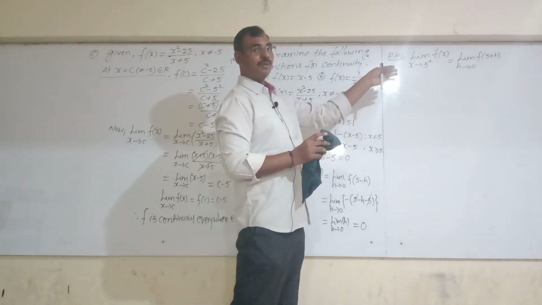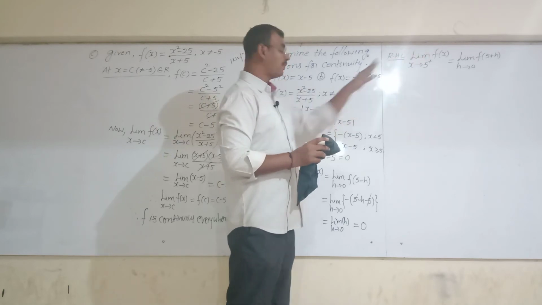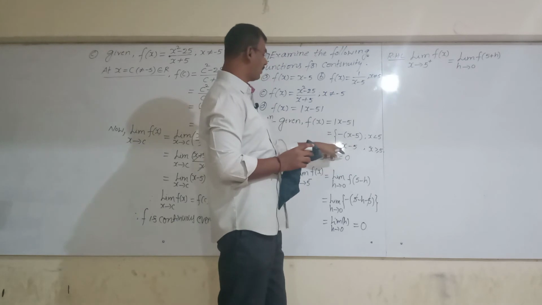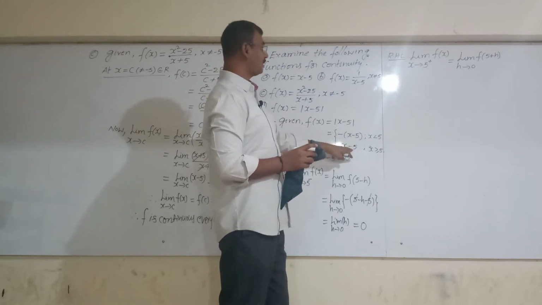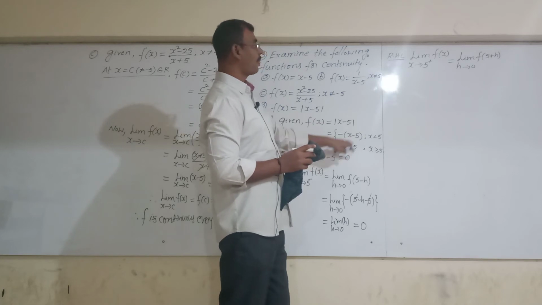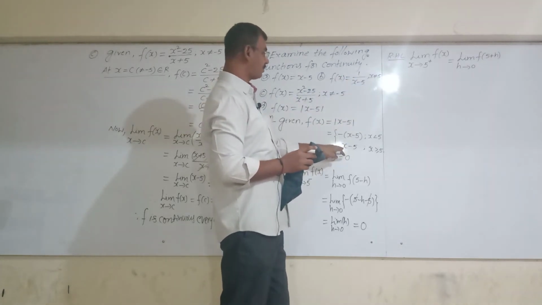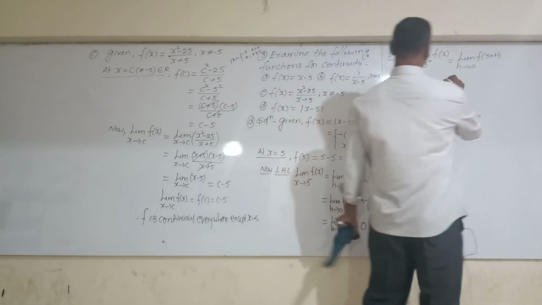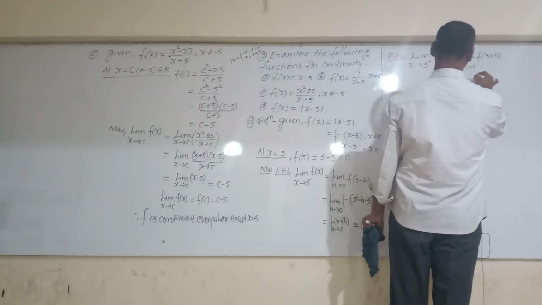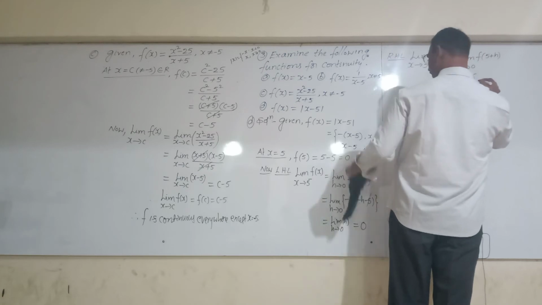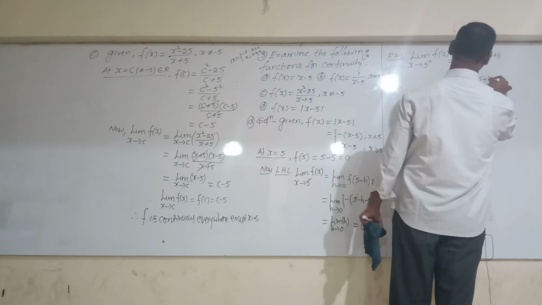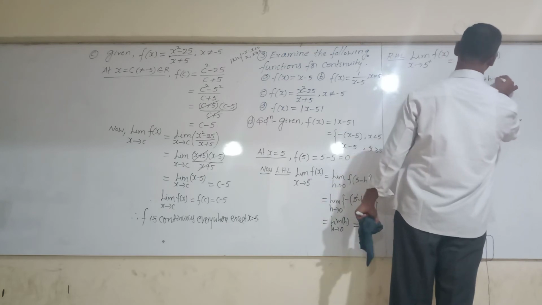If more than 5, what is the f of x value? x is more than 5, so what is the f of x? x minus 5. So here x is equal to 5 plus h, substitute here. This equals limit of x, which is 5 plus h minus 5.